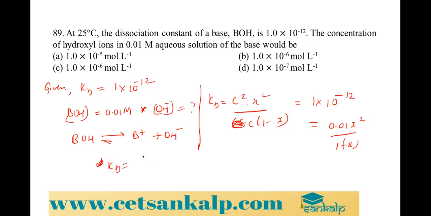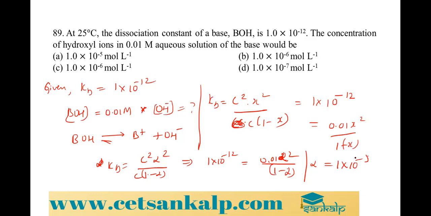Kb is equal to C square into alpha square divided by C into 1 minus alpha, that is given by 1 into 10 to the power minus 12. That is equal to 0.01 into alpha square divided by 1 minus alpha. Okay, right. ಈಗ ನೋಡೋಣ ಆಲ್ಫಾ ವ್ಯಾಲ್ಯೂ ಏನು ಬರಬೇಕಂತೆ 1 into 10 to the power minus 5.